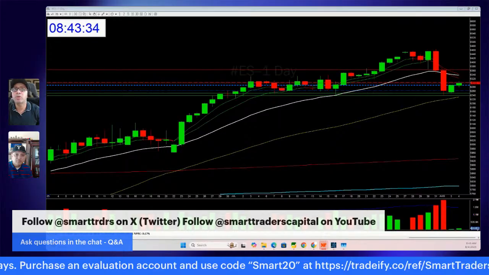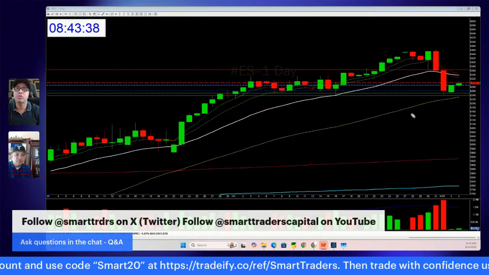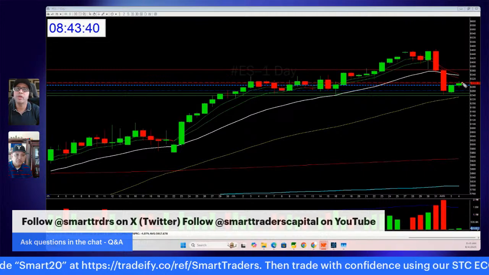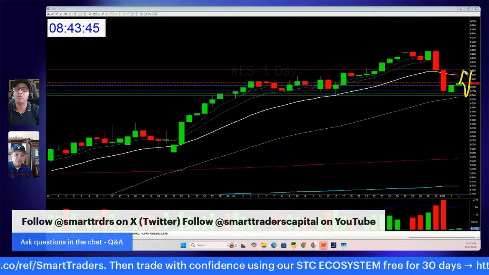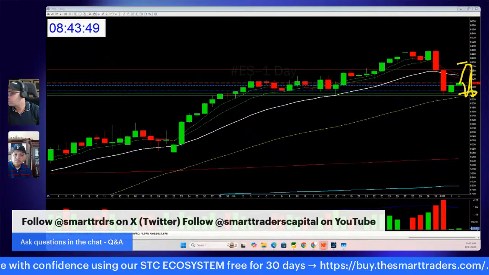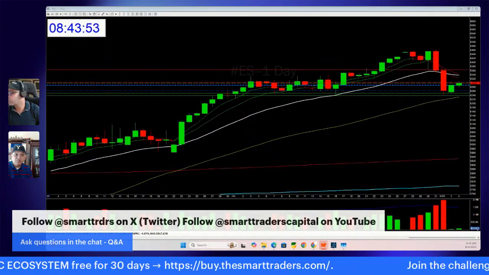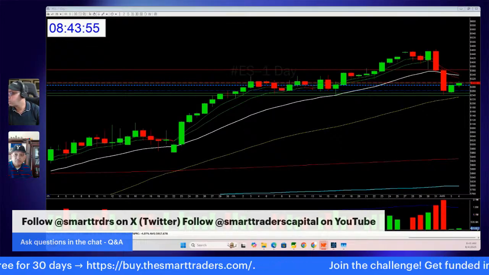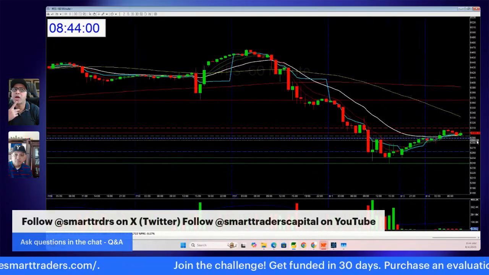So it could be possible that the market continues to sell off and then comes back to retest this area, and then moves back up, or goes further up and then comes back down and retests. The two scenarios I'm looking at right now, it's in the middle of the range. So what we really need to see is whether ES can reclaim the Friday highs or not.